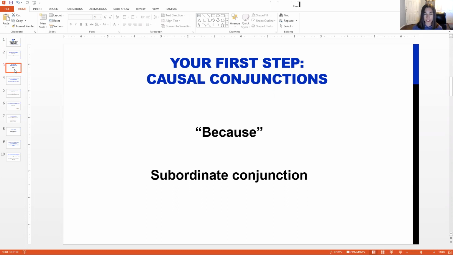A subordinate conjunction is a word that connects a subordinate clause to an independent clause to form a complex sentence. And what it also does is that it explains the relationship between the two clauses. So what it does here is that it explains why.